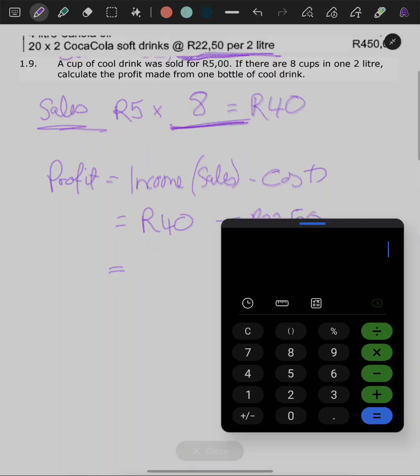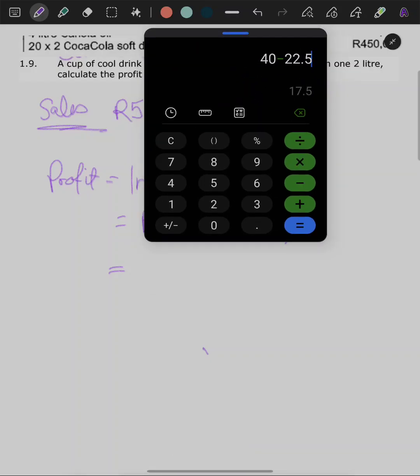You are expected to understand how to find profit as being income minus expenses, or in this case, our sales or our income from those 8 cups minus the cost of the 8 cups. And if we do that, we will get to 17 Rand 50. And notice my calculator here, if I just move it up, is 17.5, but when I write my answer, I'm going to write 17.50 because it's money, and money must have 2 decimal places.